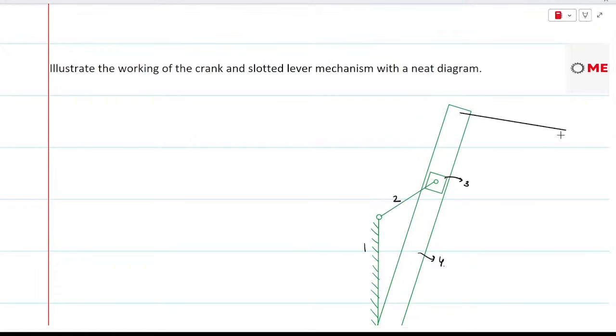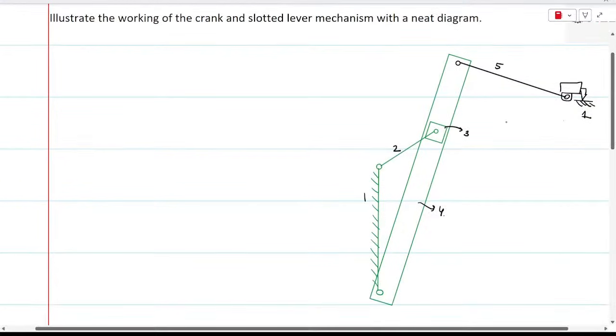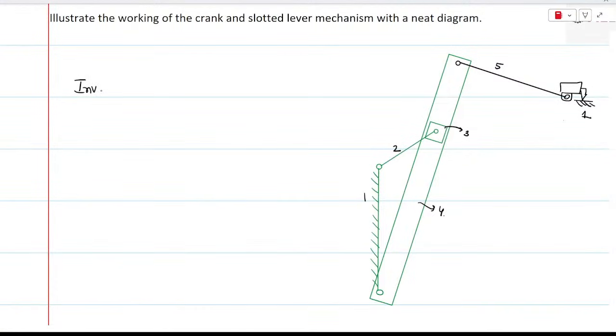Let's say this is link 5, and it is connected by means of a revolute joint. This will be the cutting tool, and the cutting tool is once again placed on the link number 1. So here, it is an inversion of crank slider mechanism.